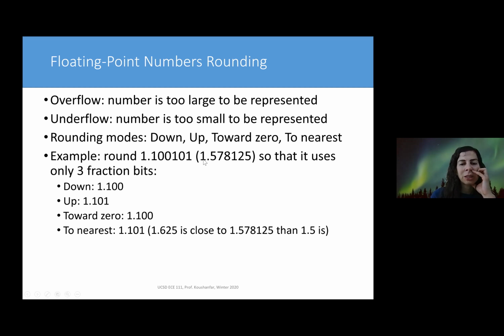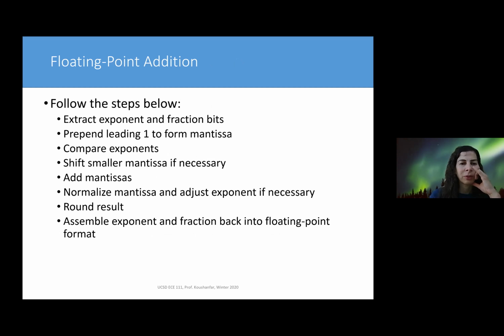It would be 1.625 if I'm rounding up. If I'm rounding towards 0, that means rounding down again here. It will be 1.1, and this is to the nearest, which again will be rounding up in this simple case.